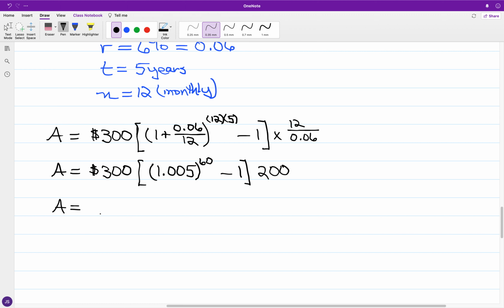Still working inside the brackets, 1.005 to the 60th comes out to about 1.34885, and keeping that and taking away 1.